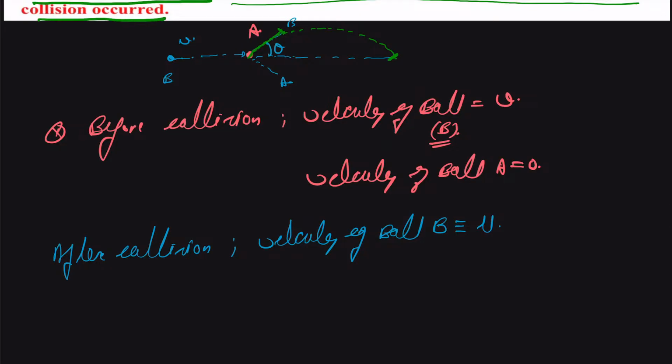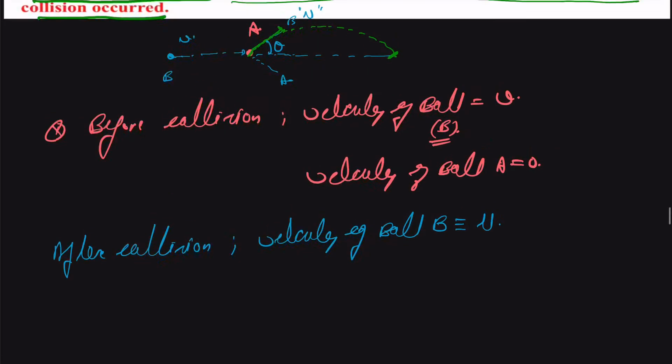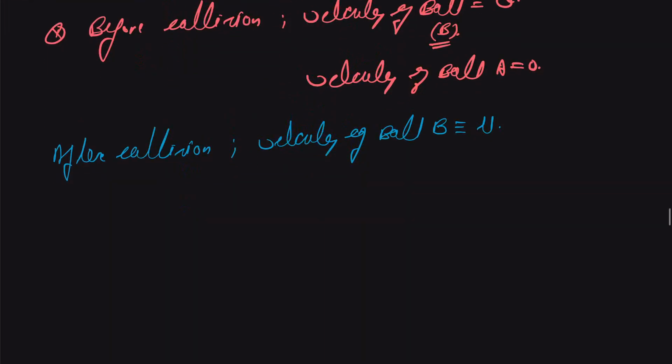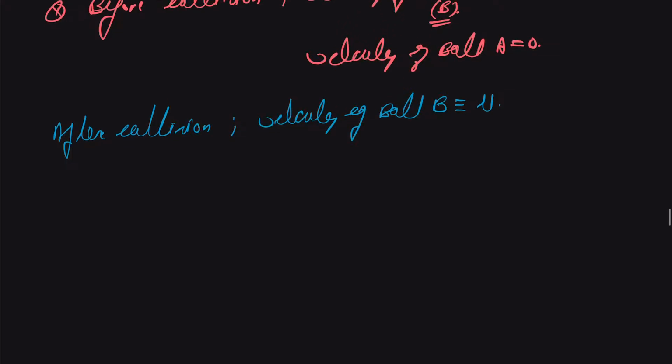So ball b is moving with the velocity of u. If required, we can prove, but you must have solved it many times, that the angle between the velocity of ball A and this velocity of ball B will be 90 degrees. It's a quite simple derivation, so let us sort it out.